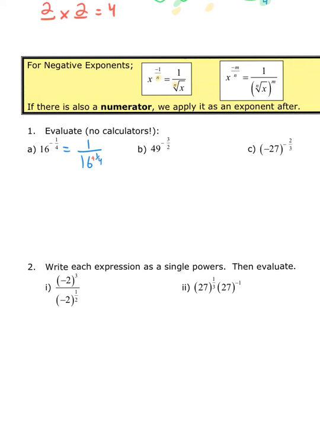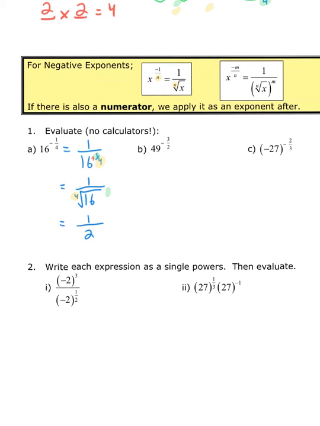So I'm going to write this as 1 over base 16, and I'm going to take the fourth root because in the denominator I have a 4. The numerator I have a 1, so really I'm applying exponent 1, which doesn't change it. Then the fourth root of 16 is 2, because 2 times 2 times 2 times 2 is 16.